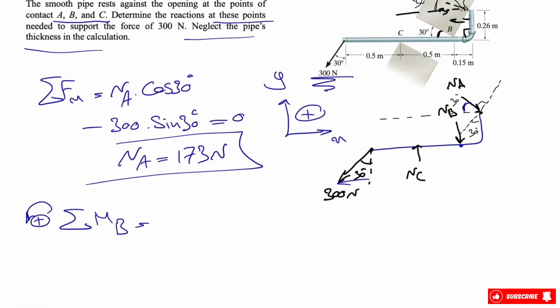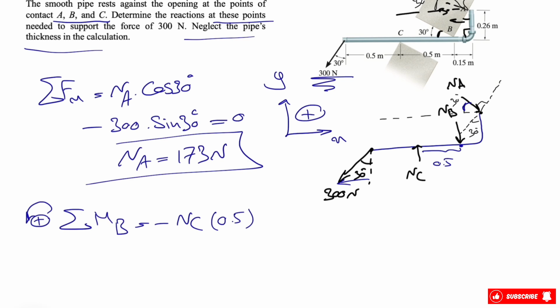For finding the moment, we only need the force and the perpendicular distance. So we have the moment of NC first, which is clockwise, so negative NC, and the distance would be what we have in here, which we know is 0.5 meter.